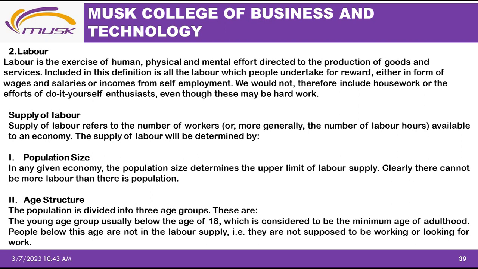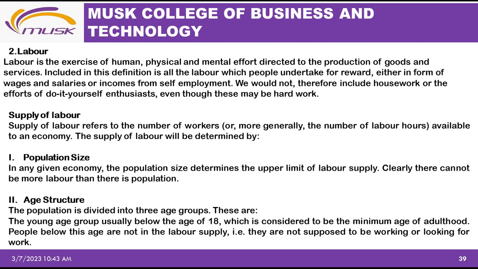One of the determinants of the availability of labor is the population size. Of course, the higher the population, the more labor we can have available to the economy. And then we have the age structure. Age structure is simply the composition of ages, in terms of how many people are in a certain age category.